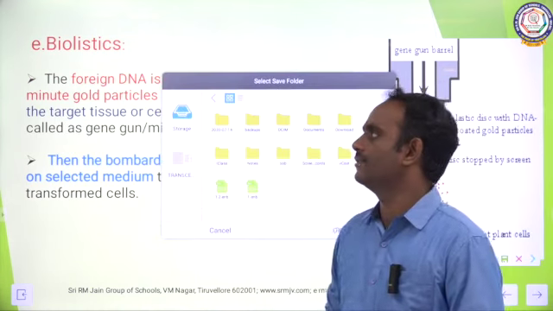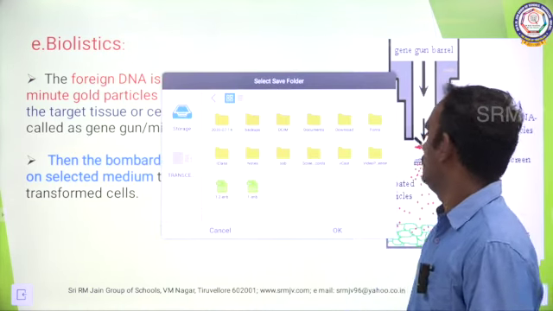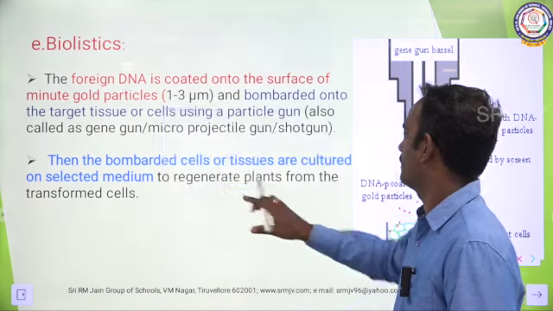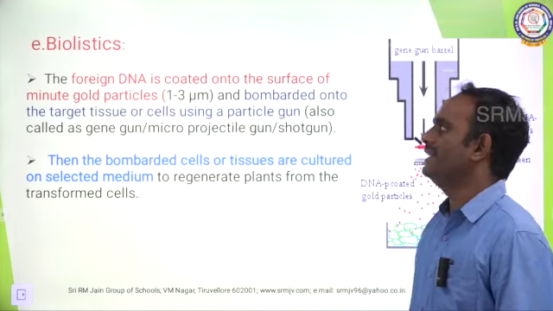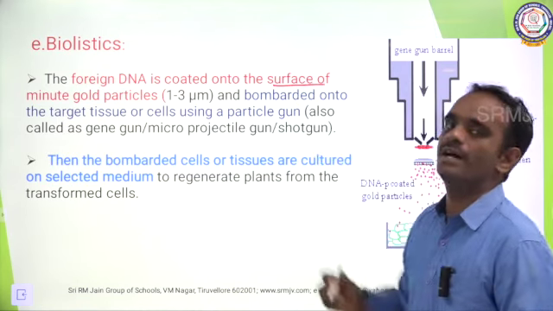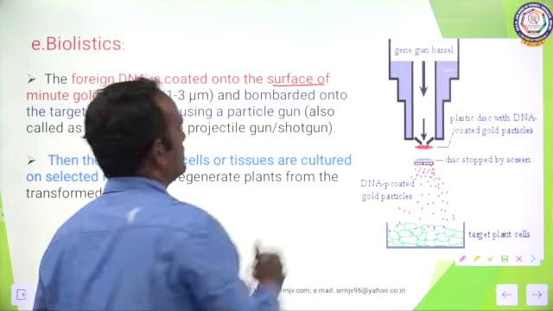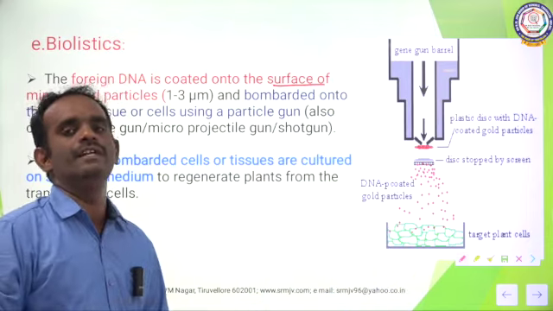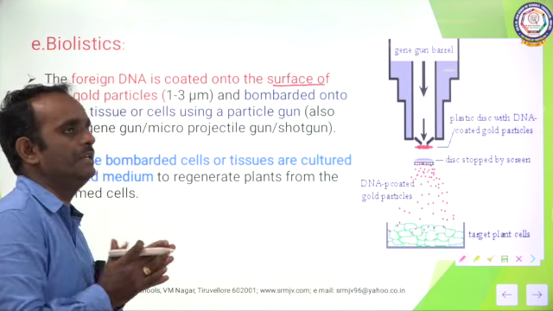The next one, the fifth one, is biolistics. The foreign DNA is coated on the surface of minute gold particles. See here, see the picture here, children. A foreign DNA, a gene of interest, has to be coated.